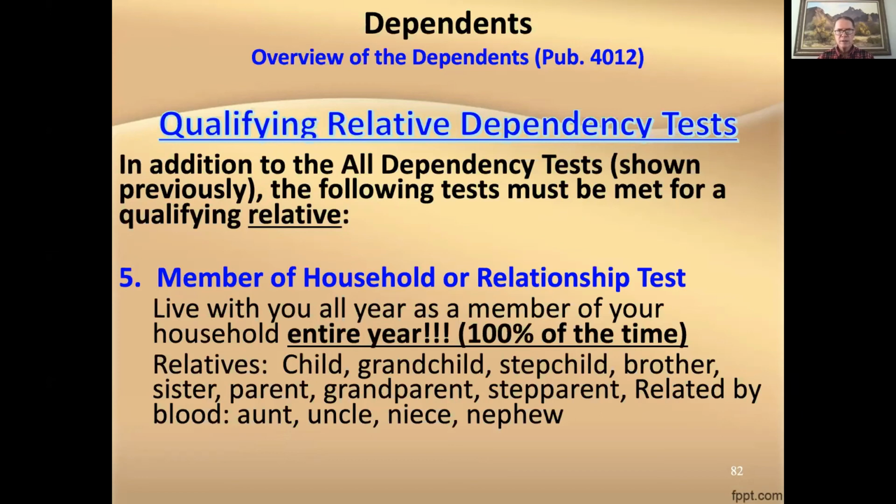So it could be a niece, a nephew, an aunt, an uncle, related by blood, or it could be a relative, grandparent, step-parent, stepchild, etc., as long as they lived with you the entire year. For child dependency, it's half the year. For relative dependency, it's the entire year.